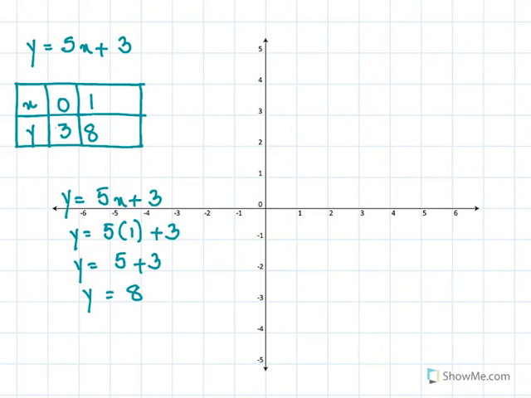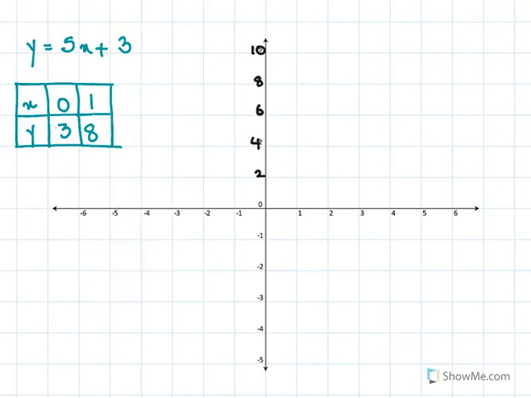First is (0, 3), so x is 0 and y is 3, which will be on the y-axis. It will be somewhere here between 2 and 4. Here will be (0, 3). Then (1, 8), which would be here.